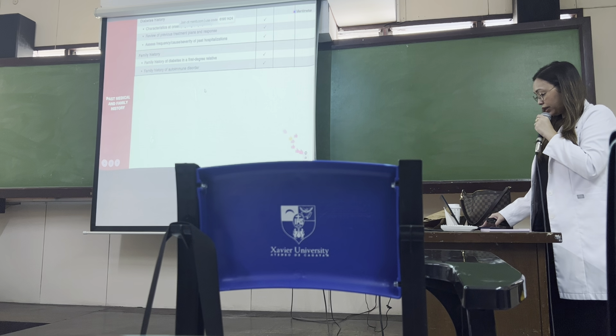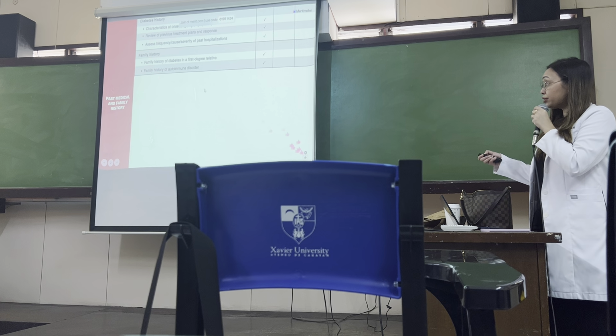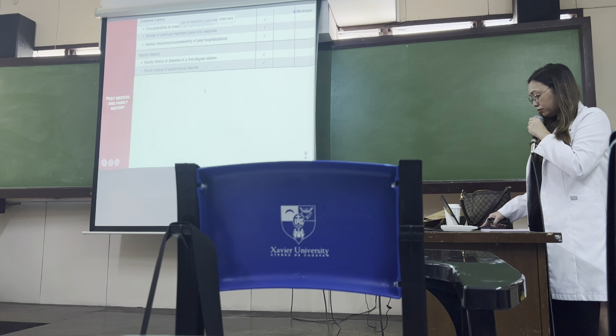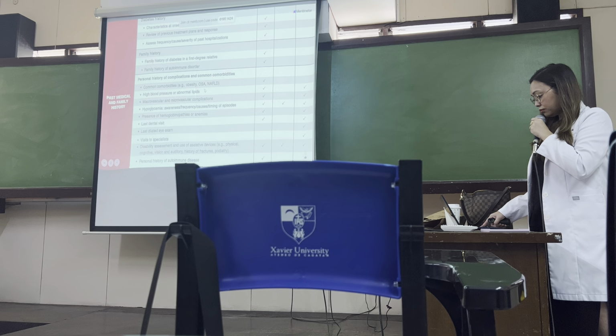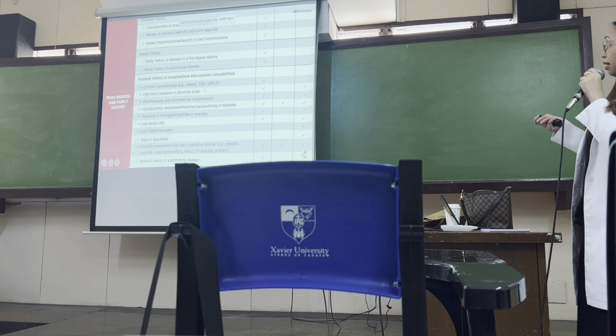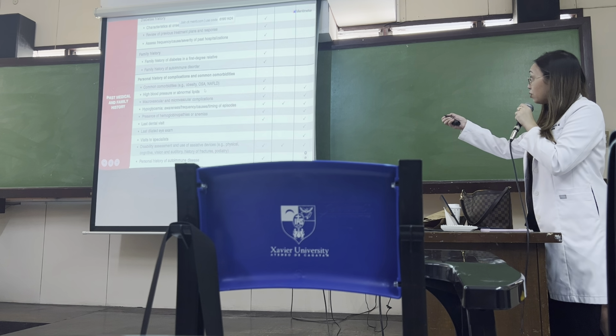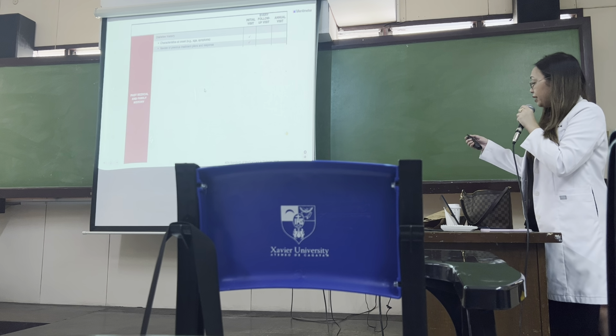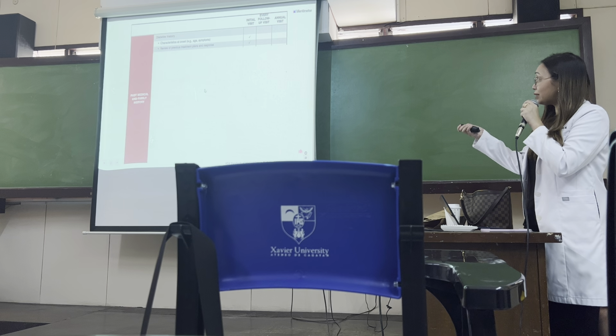And then autoimmune disorder, especially if you're considering type 1 DM. And then, of course, take note. By the way, the 3 columns there are: initial visit, when do you assess, and then every follow-up visit and annually.